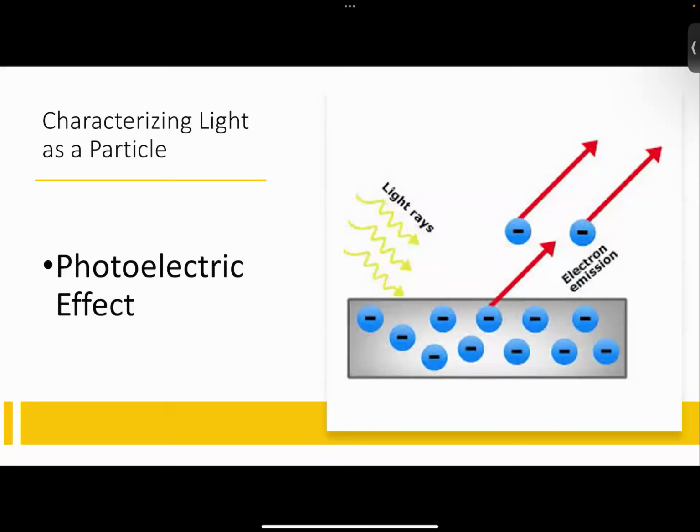But that's not what was observed. What we observed instead is that this incident light had to be the correct frequency. There was a threshold frequency, and we had to have something past that threshold in order for that electron to be ejected.